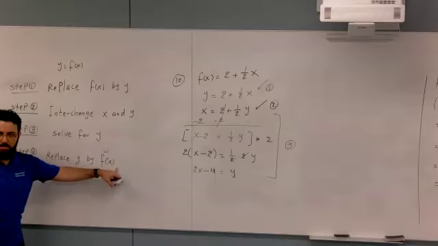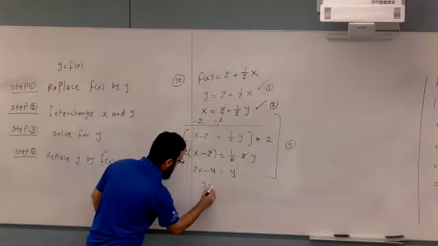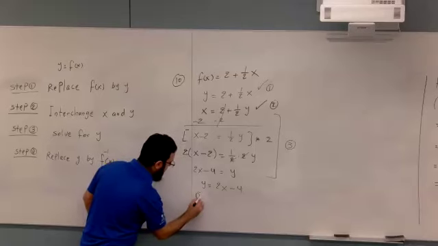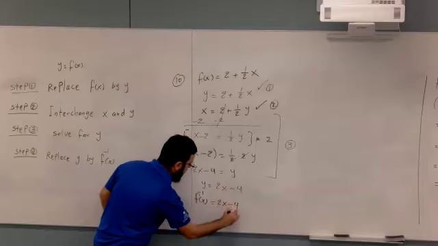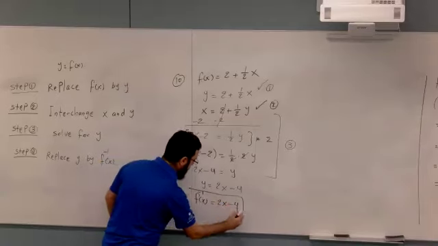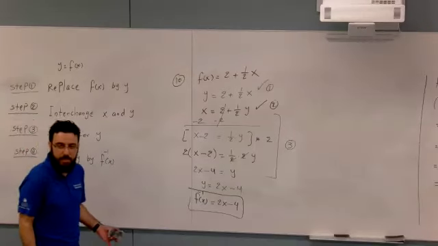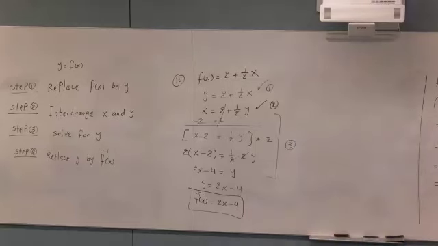Just replace y with the inverse of f. That means y equals 2x minus 4. That means the inverse of f of x equals 2x minus 4. Is that okay? It's not that hard. You just have to know how to use the steps.